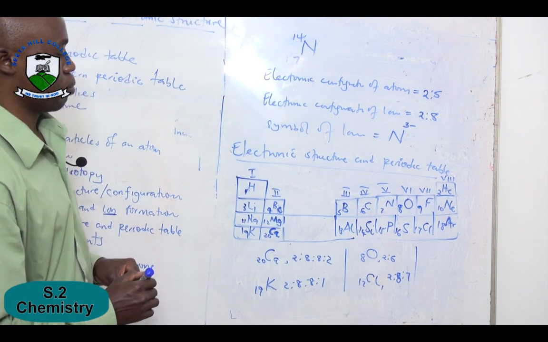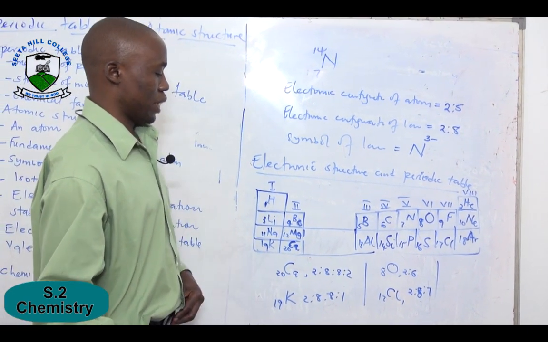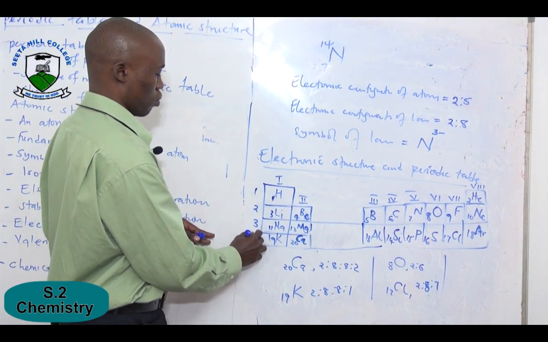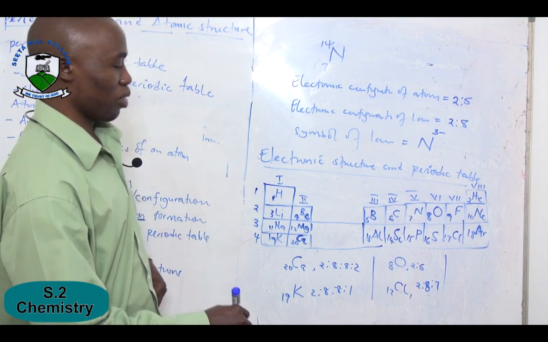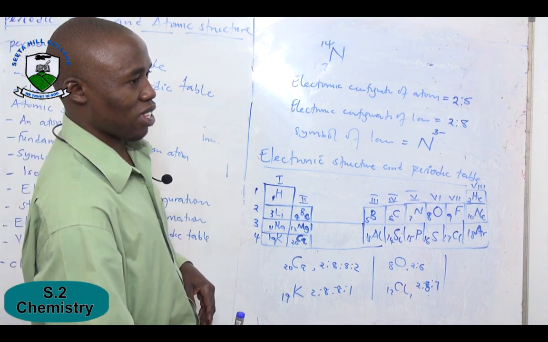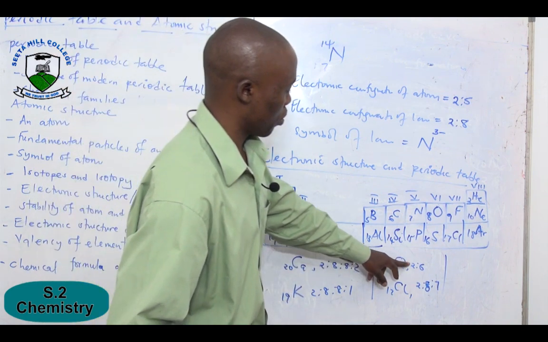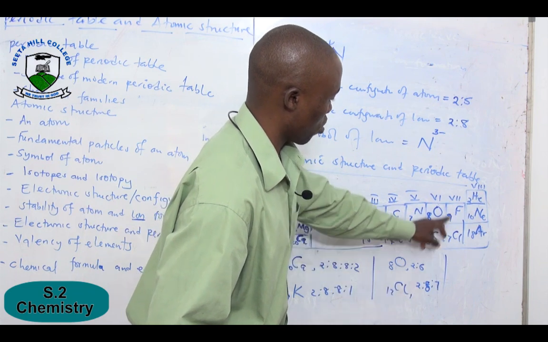Now look here. Calcium is in group what? Group 2. Potassium is in group 1. Oxygen is in group 6. Chlorine is in group 7.